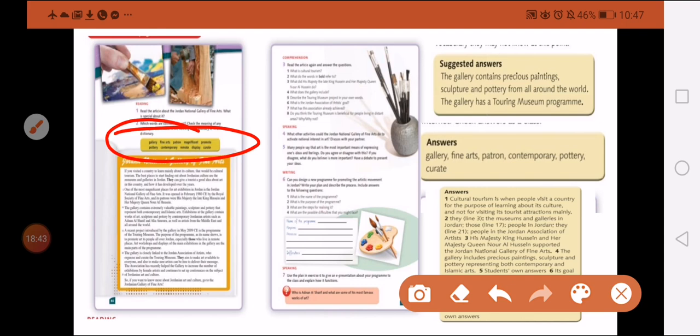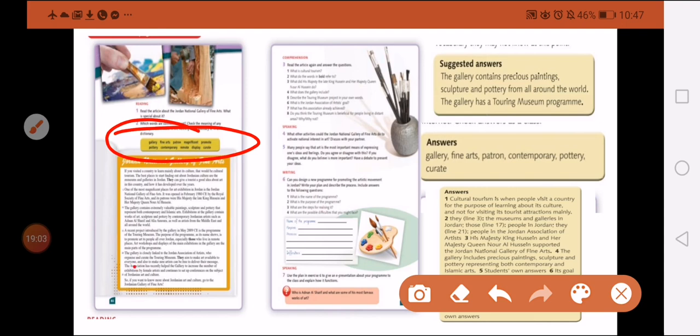Now, the first word is gallery. Gallery. طبعا gallery means معرض. Okay, now fine arts. Fine arts means الفنون الجميلة, which means in English a type of art that is creative and imaginative.